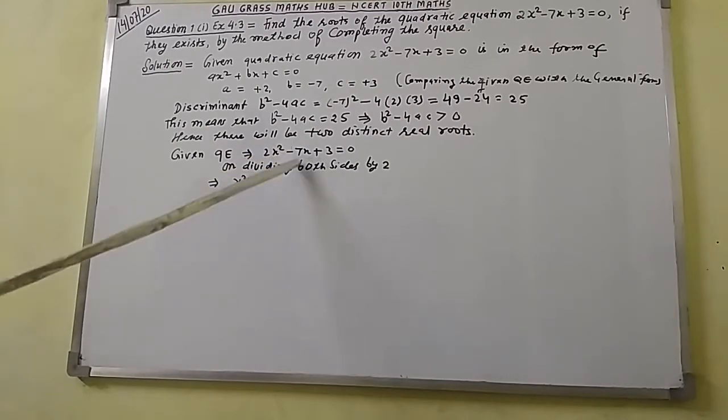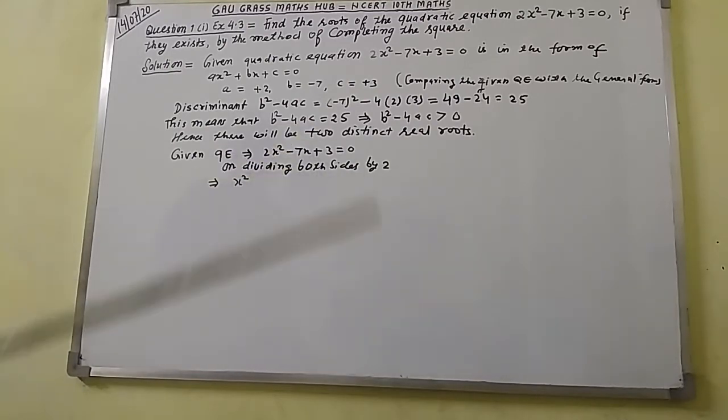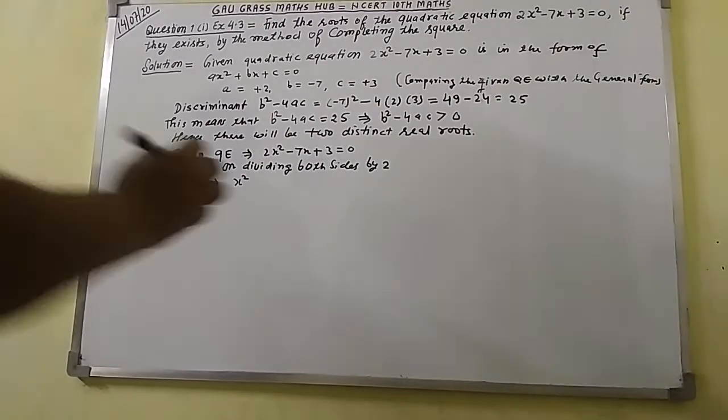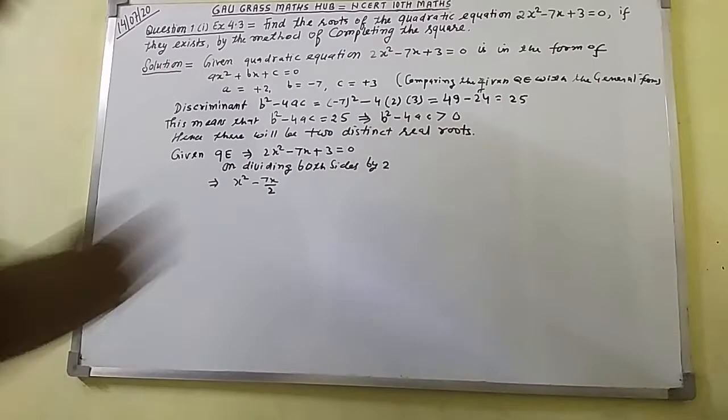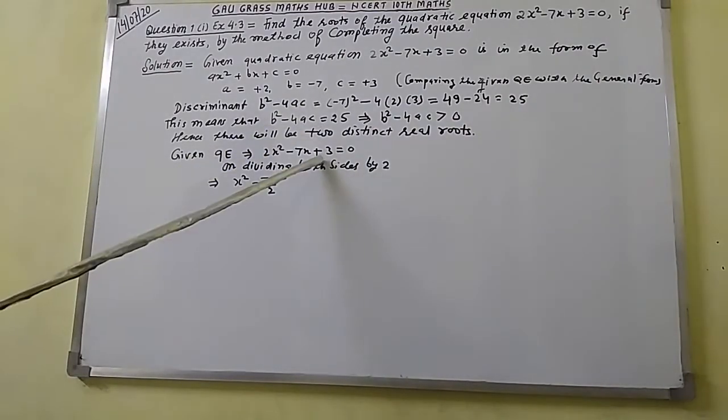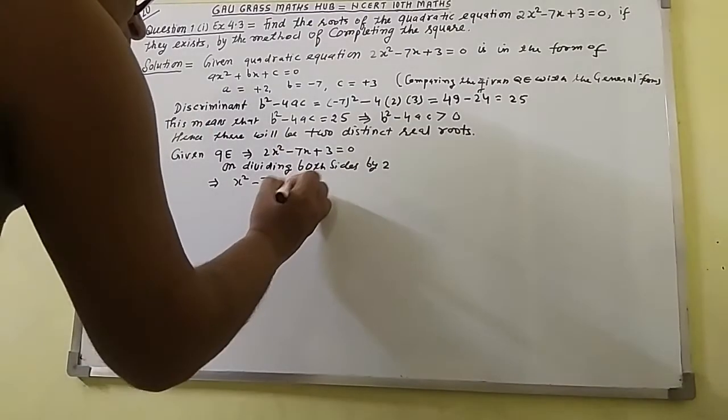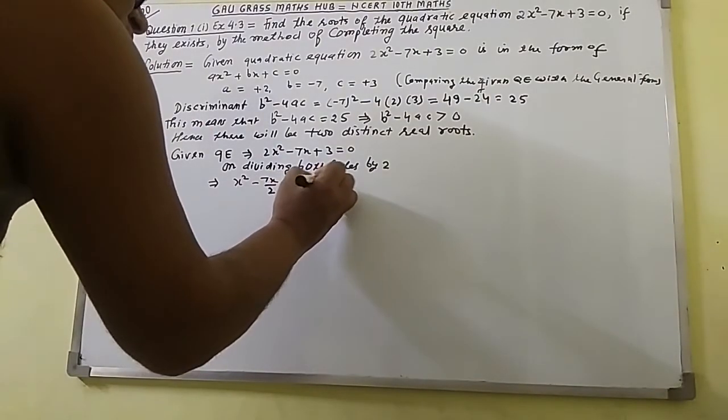Again second term minus 7x divided by 2 gives minus 7x by 2. Again plus 3 divided by 2, here you will get plus 3 by 2 equal to 0.